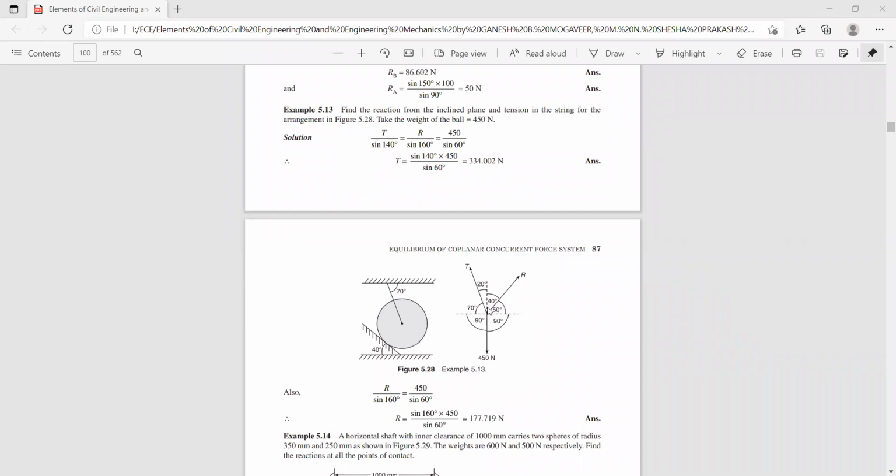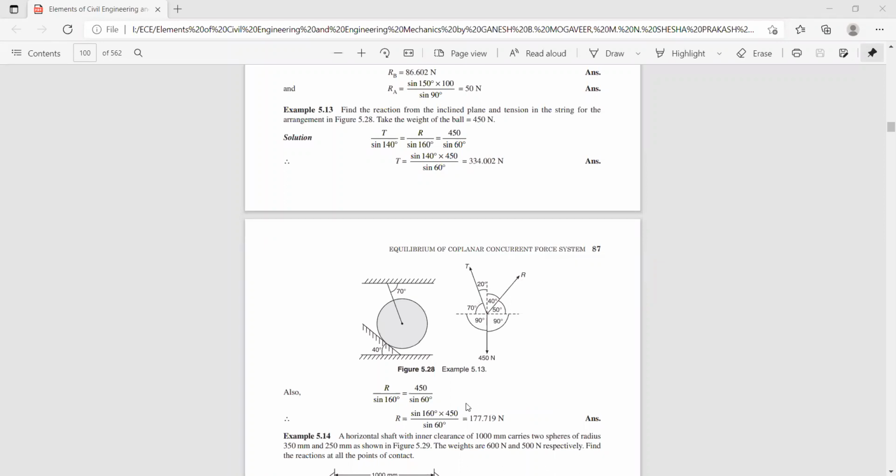Once you know this angle, so this is 20 and this is 40, this angle is 60, and this whole angle is 140, and the angle made by the tension force and the 450 Newton force is 90 plus 70. So now you can apply Lami's theorem: 450 divided by sine 60, R divided by sine 160, and T divided by sine 140.